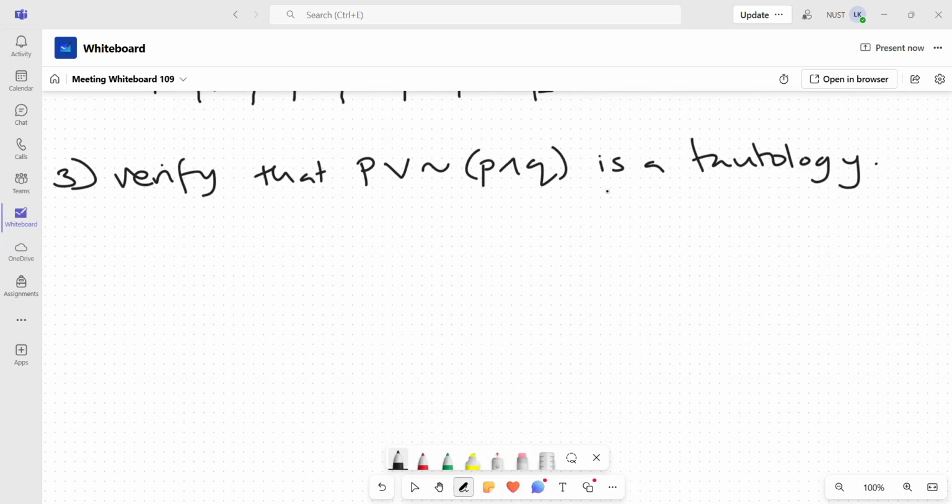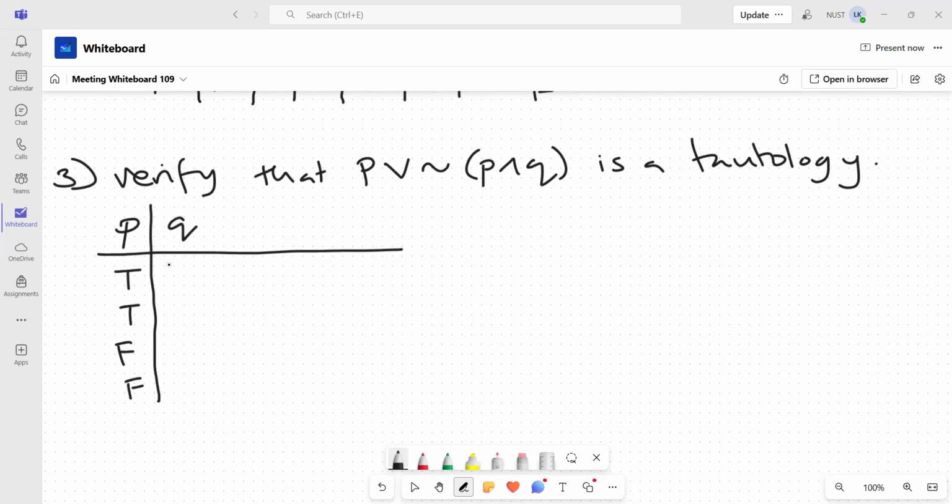So it doesn't matter what the truth values of P and Q are, our statement is always true. So to verify this, we just need to draw the truth table. So we have P. This can be true. And we have Q.